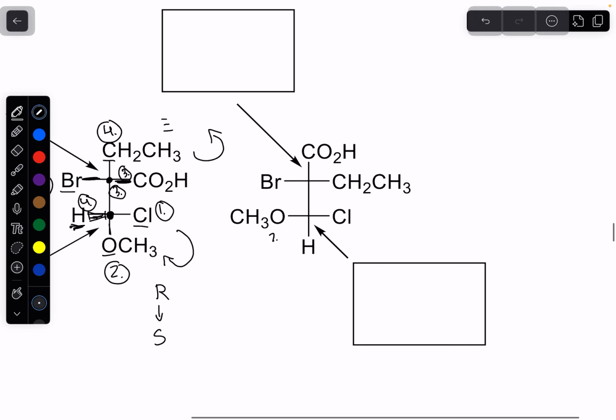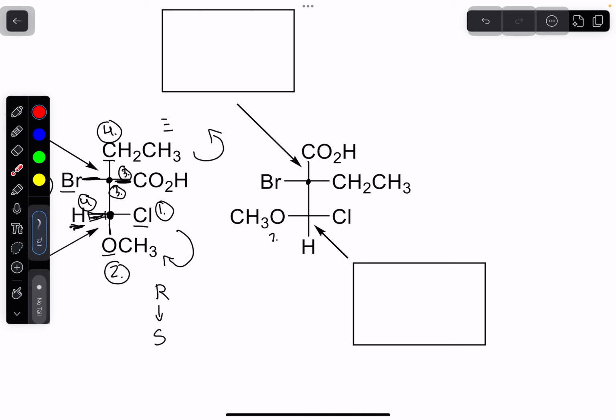Now looking at this Fischer projection, we see carbon, carbon, carbon. Let me actually use my laser pointer. We have carbon, carbon, carbon, but we have Br, and that's what separates them. So Br is automatically the number 1. Next we have carbon, which is attached to another carbon. We have carbon attached to an oxygen, and then we have a carbon attached to a Cl.